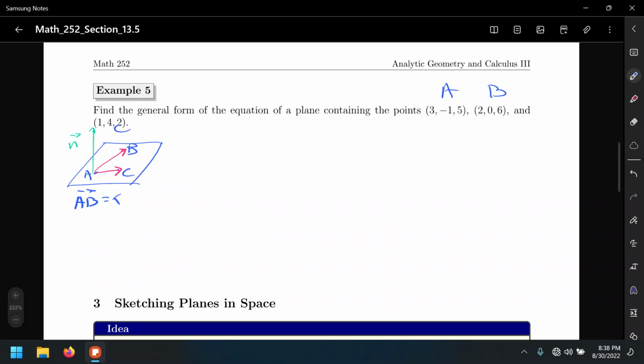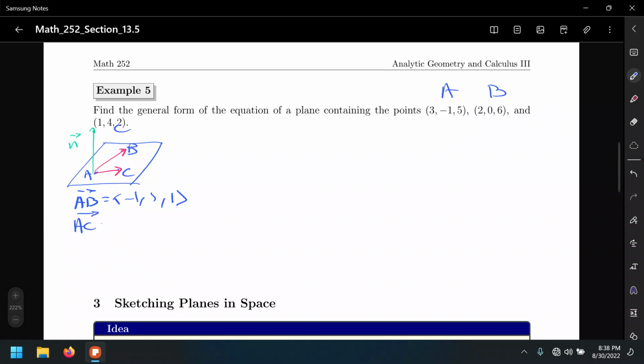But don't worry, on the exam and also on the homework, they will be labeled. Okay? So terminal minus initial, that's 2 minus 3, that's -1. 0 minus -1, that's +1. And 6 minus 5, that's also 1.